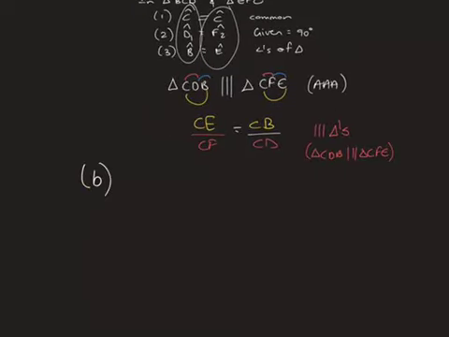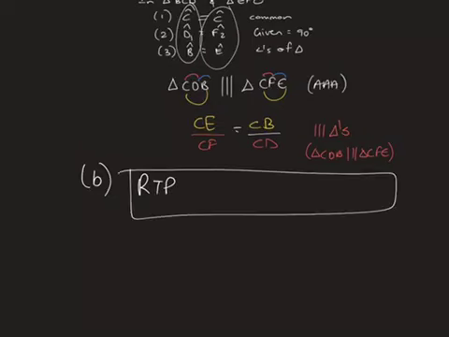Question B is a little bit more challenging. We are required to prove that AE squared equals CE times DE. Okay, so in this case, they also added that it is given that AE equals FE.